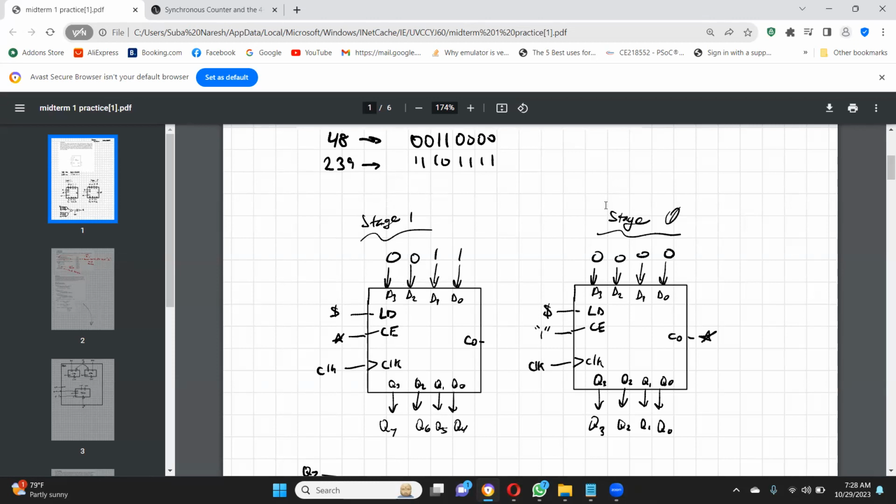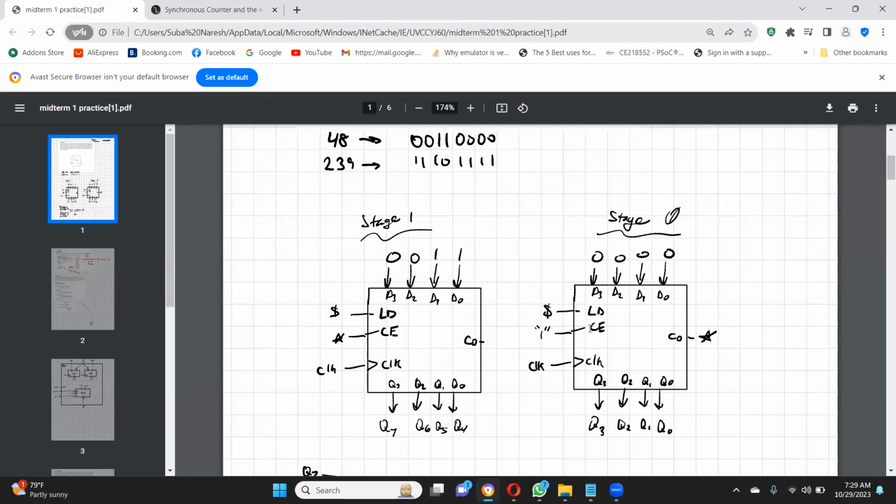My question is, when it gets loaded, what happens after that? When it gets loaded, let's say if I load 0000, it will be there in the counter memory. Counter is a flip-flop, right? Flip-flop is a memory.